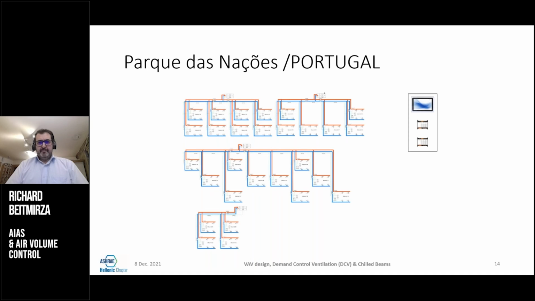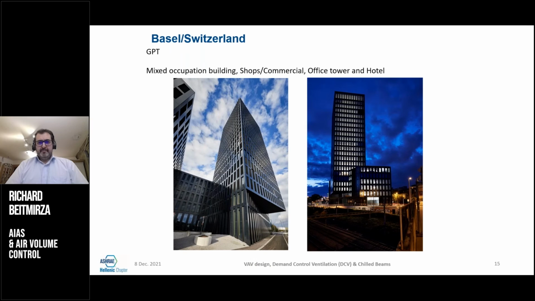To share with you a large scale building, that's a building we did in Basel 2 years ago. This is a very interesting project because it's a LEED Gold building, and we have multiple layers here in the sense that we're doing shops, commercial, hotels, offices, all at the same time.